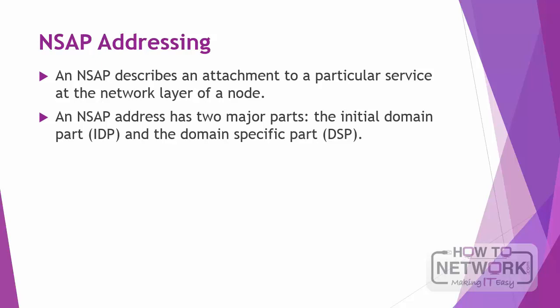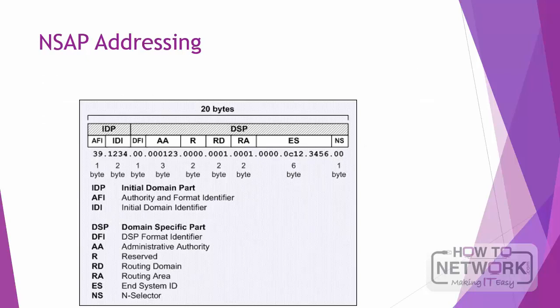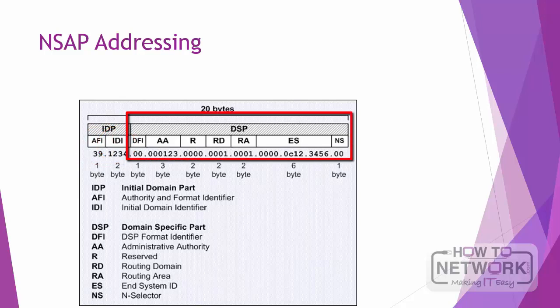The IDP consists of a 1-byte authority and format identifier, the AFI, and a variable length initial domain identifier, the IDI. And the DSP is a string of digits identifying a particular transport implementation of a specified AFI authority.